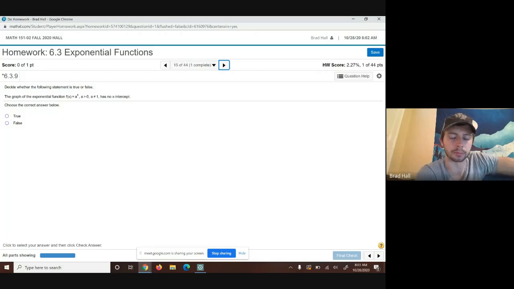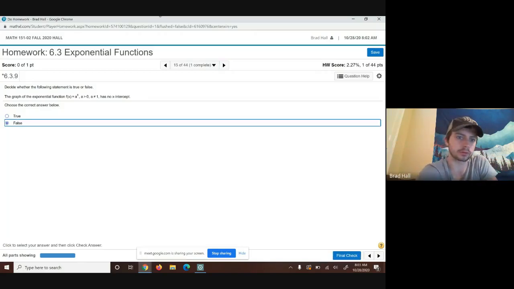And they generally don't have any x-intercepts. You can notice this from the first page of the notes on exponential functions. There's a graph I put at the bottom of that page, and there is a horizontal asymptote.